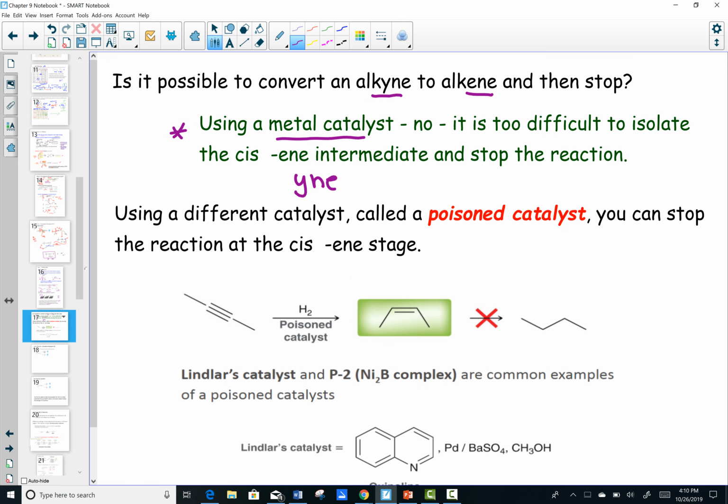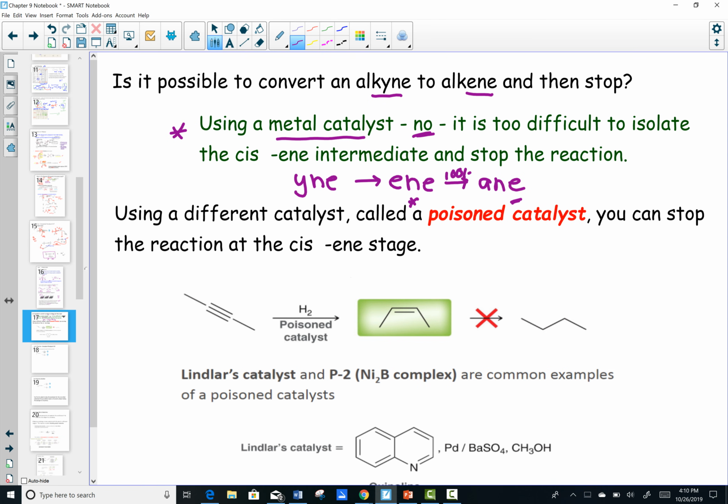So the triple to the double to the single bond, you're not able to control that intermediate step. It will proceed 100% of the time, and you'll end with the ane ending, a saturated hydrocarbon. So using the metal catalyst, it's not possible to stop the reaction at the double bond.